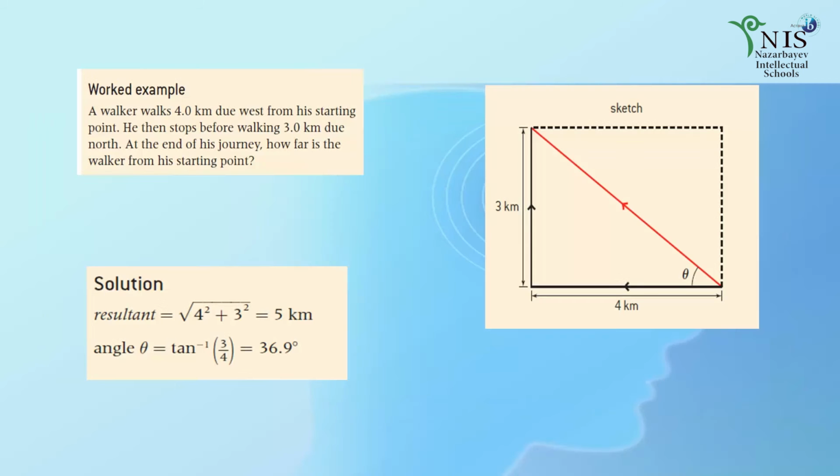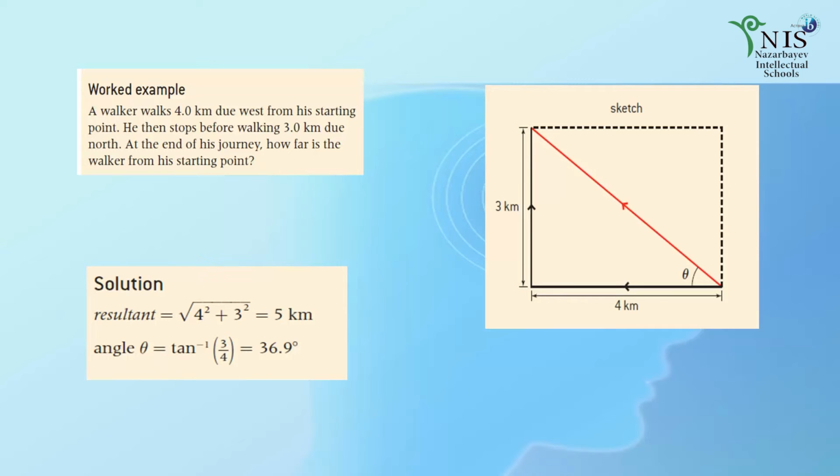For example, a walker walks 4 kilometers due west from his starting point. He then stops before walking 3 kilometers due north at the end of his journey. How far is the walker from the starting point?